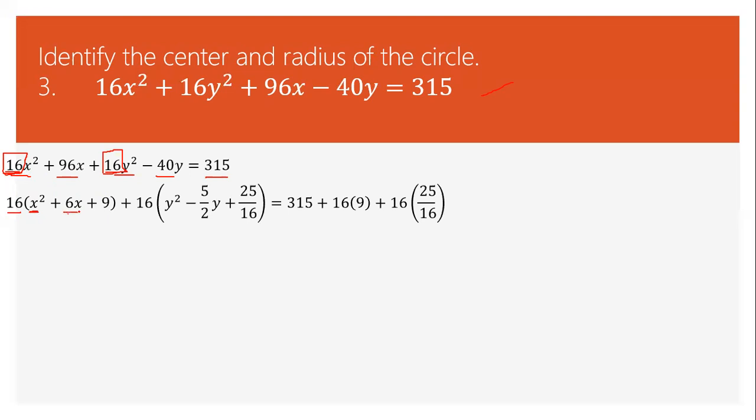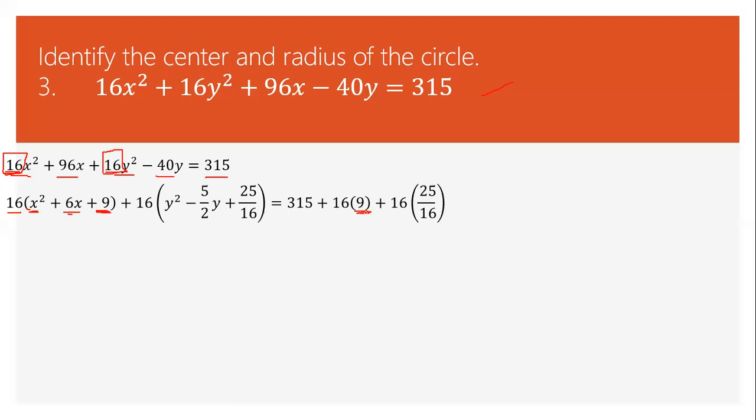And then, since the coefficient of x squared is now 1, we could start to use the completing the square. So 6 divided by 2, that's 3. And 3 times 3 is 9. So 9 is what we add to our x group. Now we will also add 9 to our right side.